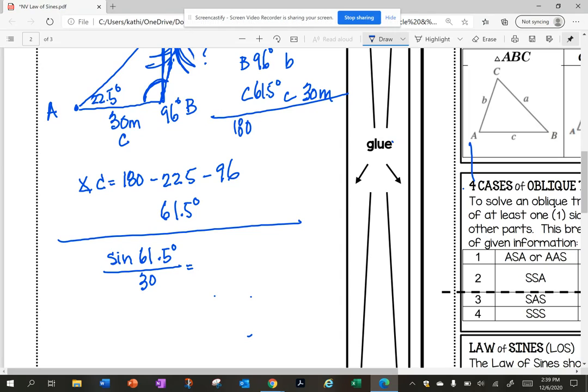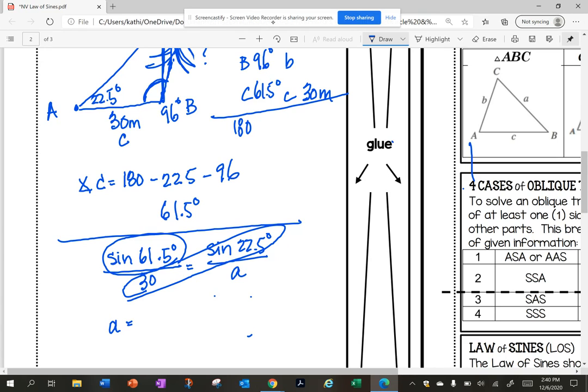And I'm trying to find side A, so I want angle A. So sine of angle A, which is 22.5 degrees, divided by side A. So I know I'm going to cross multiply these two and divide by my third.